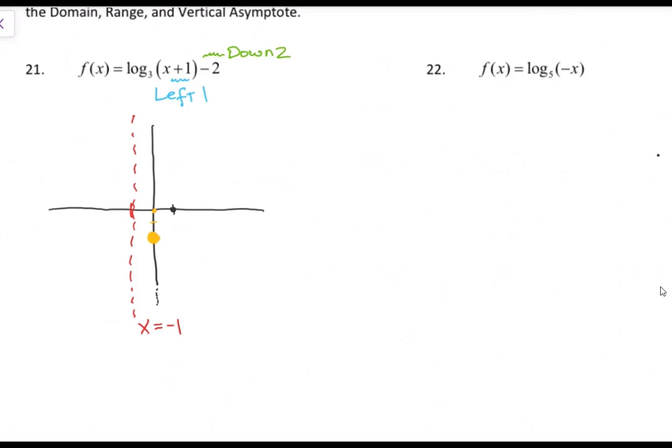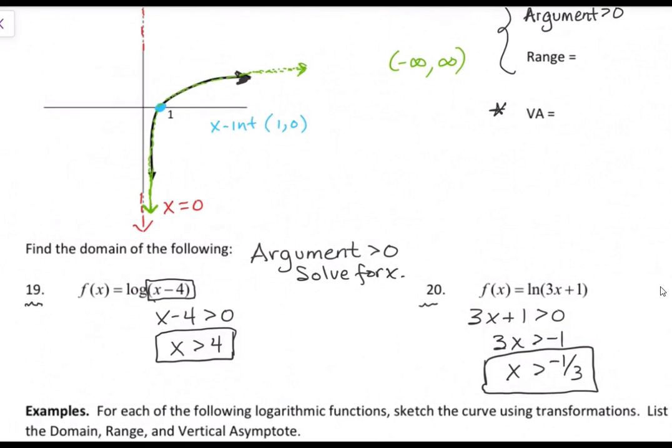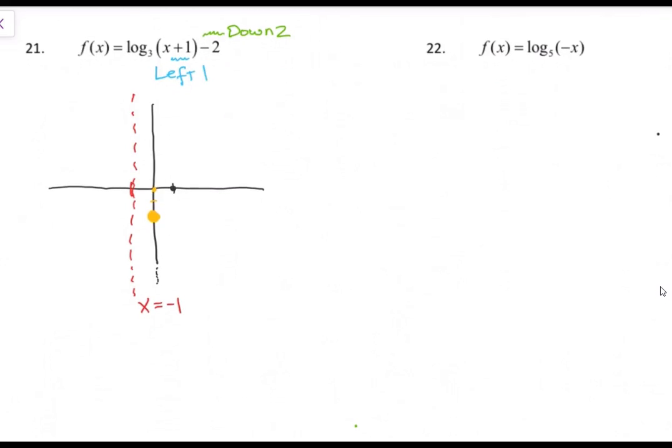And that's all I need, that vertical asymptote and that 1 point. And now what I want to do is just copy that basic shape. So remember what that basic shape looked like for a logarithm. And we're just going to mimic that here in this one and sketch my curve like this. So there's the graph of my logarithm using transformations.